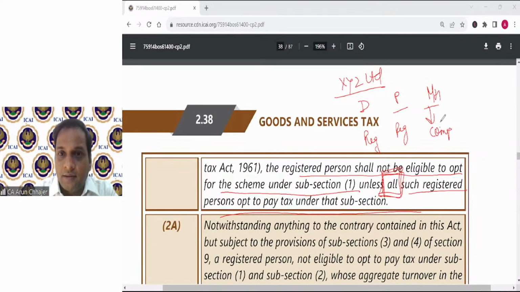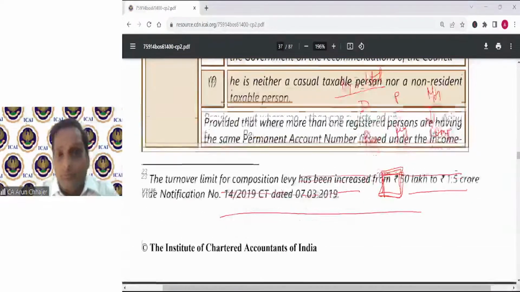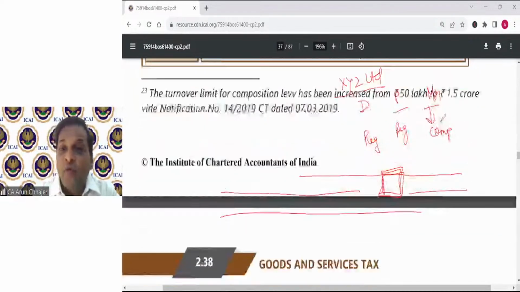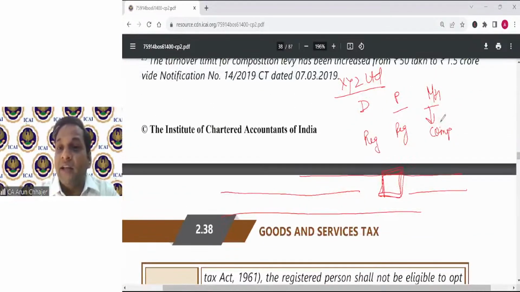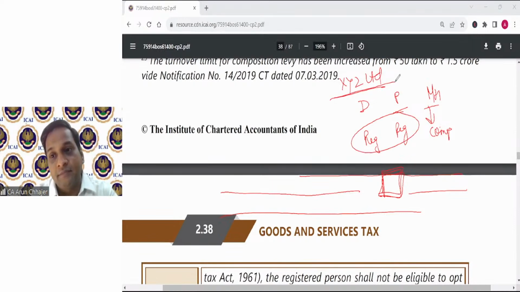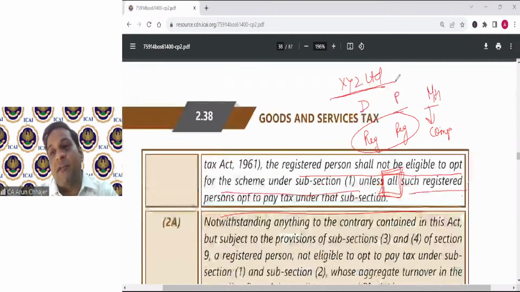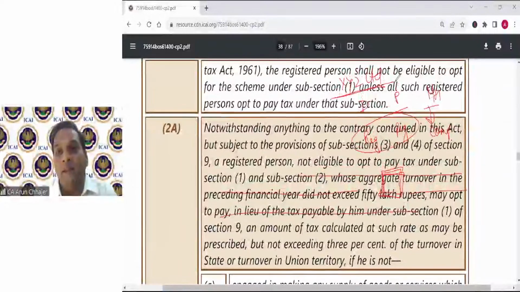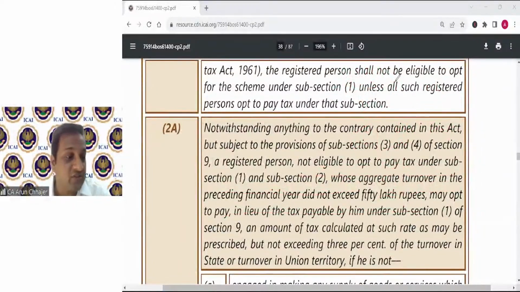The proviso to section 10 subsection 2 says, if you have more than one registration, then you cannot opt for a different scheme. You can go for composition only when all the GST numbers under that PAN opt for section 10 subsection 1 composition, then only it is valid, otherwise it is not valid. So we have discussed the restrictions.